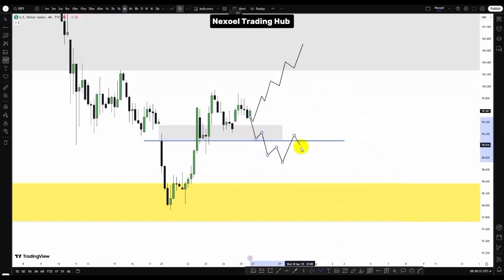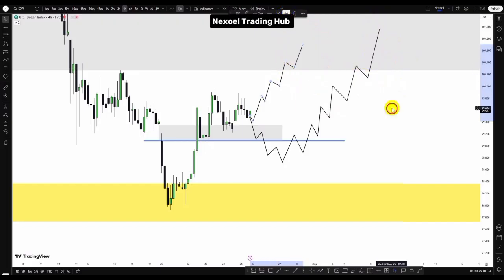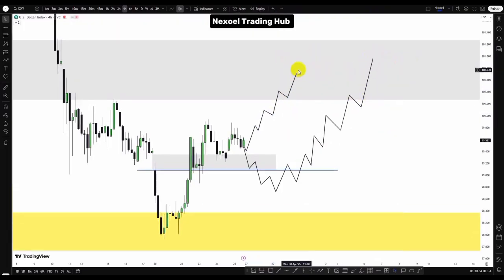If price gives us a buy model, then we anticipate to buy to the upside into this weekly zone. So this is my anticipation in the dollar index. This is what I'll be looking at, the possibility of this delivery. Then when price trades into the zone, we can look at the model that price would create here. If price gives us the sell model, then we want to continue selling to the downside.